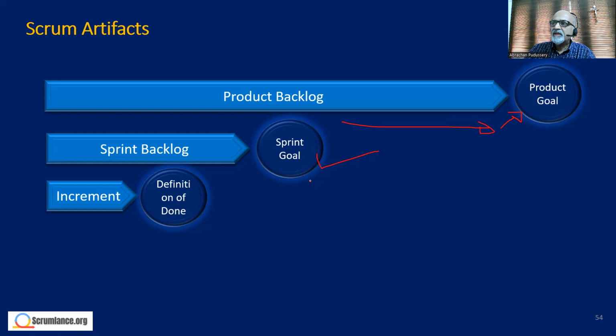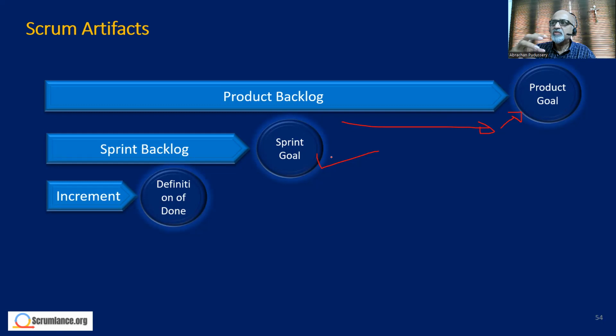But if our sprint goal is to complete the training room in all aspects so that it is functional and we can start using it, then at the end of the sprint, we get the completely finished training room, which can deliver value to the customer. The customer can start using it.